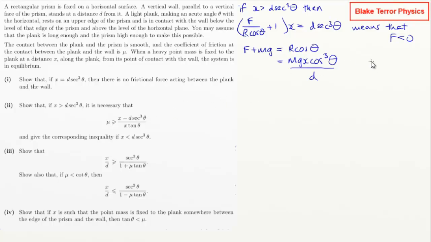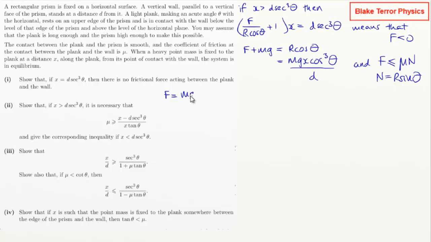I've got that, so I've got that, and I've got f is less than or equal to mu n, and n is equal to r sine theta. That was another one of the, that was resolving horizontally. So I've got here what r is. So all in all then, I've got the f, it's going to be a long line, this one.